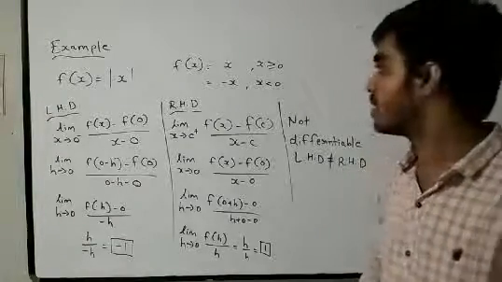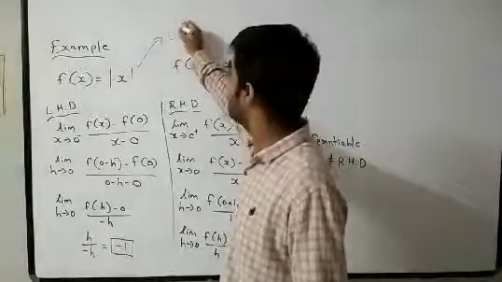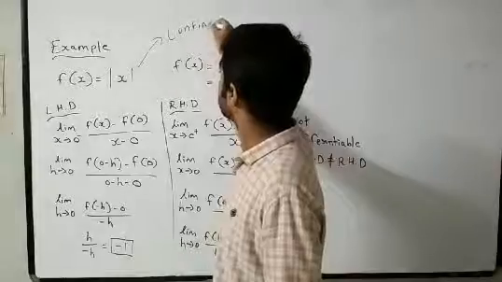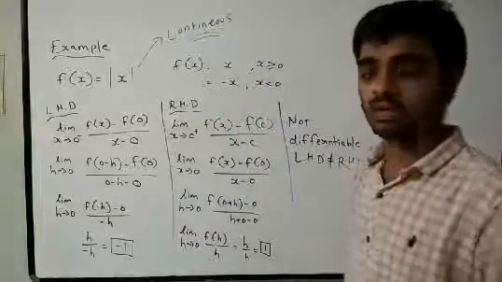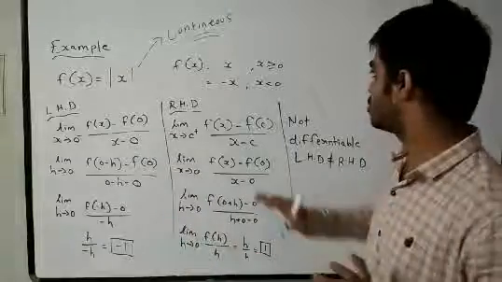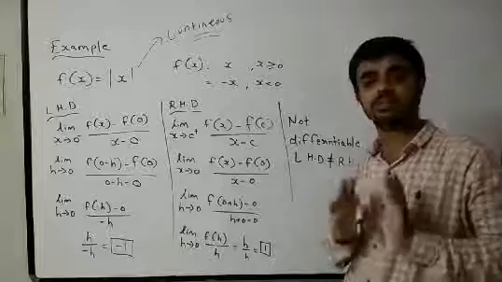Now if you remember, we have proved that this function is a continuous function. Why? Clear? See, so this function, which is not differentiable, can still be continuous. So from this example you understood.